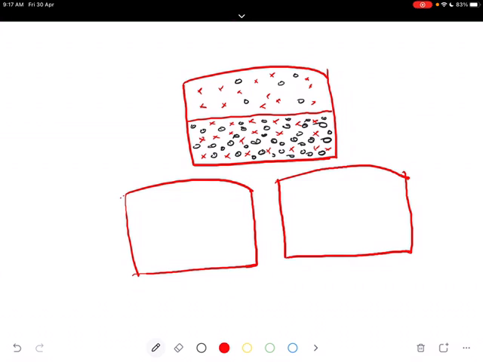All the three vessels are of equal size, and this black one is the pure solvent, or one pure liquid.